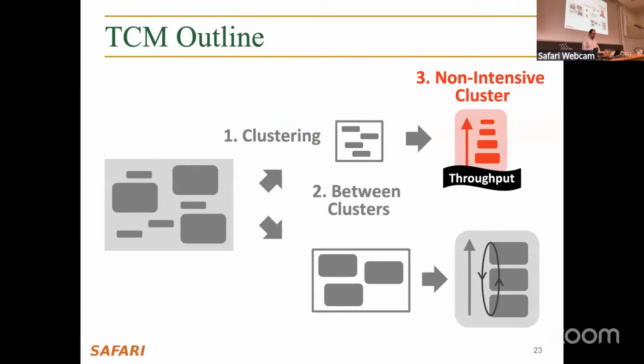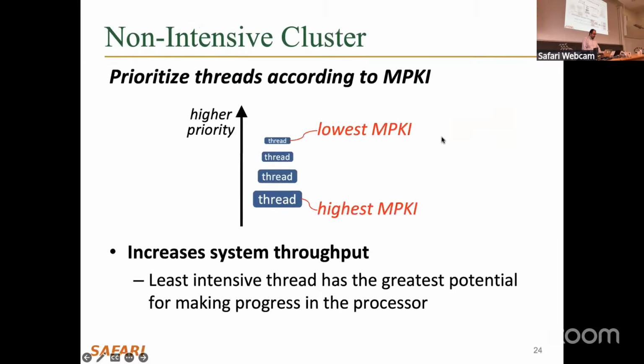Okay. But how we do the scheduling within the non-intensive cluster is more interesting. We can prioritize threads according to MPKI. We can rank the threads, and the least intensive threads have the greatest potential for making progress.